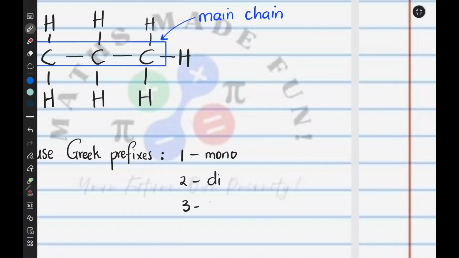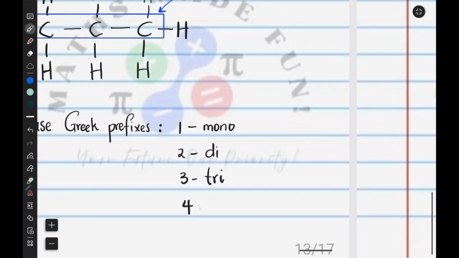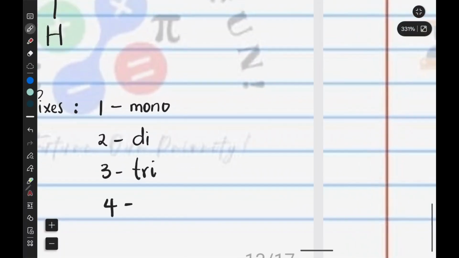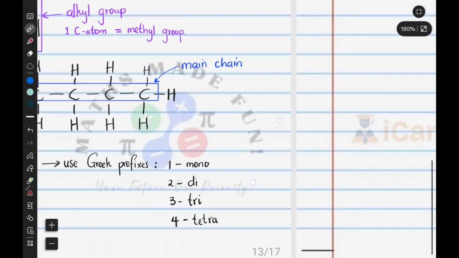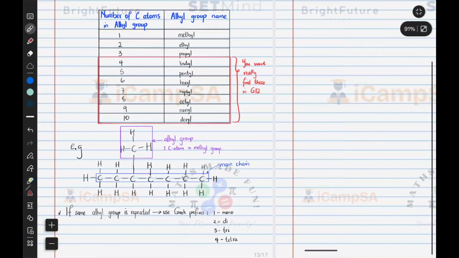Three, we use tri. I don't know why I kept saying tetra, so I suppose it's better for me to write it. And then four, we use tetra. All right, so typically you would use these three. But the most common ones are di and tri, and that's what happens when an alkyl group is repeated.